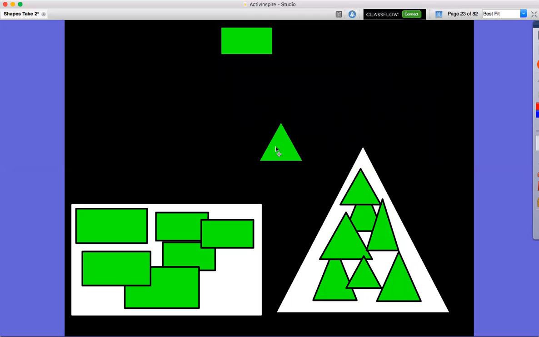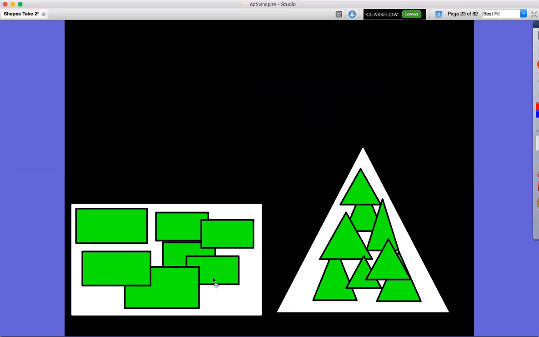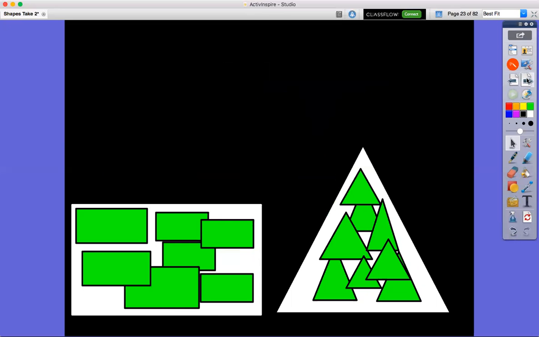Is this a rectangle? No. Our last shape is a rectangle. Four straight sides. Opposite sides are running parallel and the same size. So we have two long sides. Short sides are running parallel or straight, and they are the same size. Good job, guys, finding rectangles.